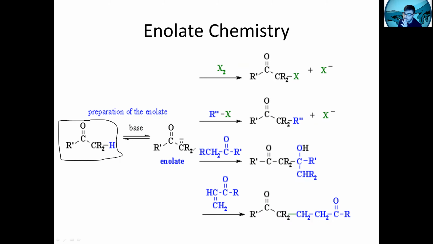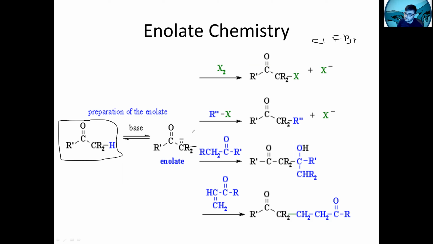And if you want to add, for example, onto the chain, as you can see here, you have this ketone and this enolate. If you wanted to add X, which is a halogen like chlorine, fluorine, bromine, you wanted to add that right here.